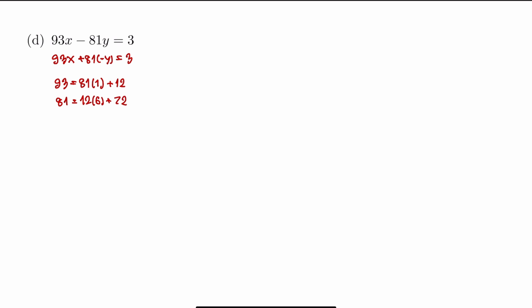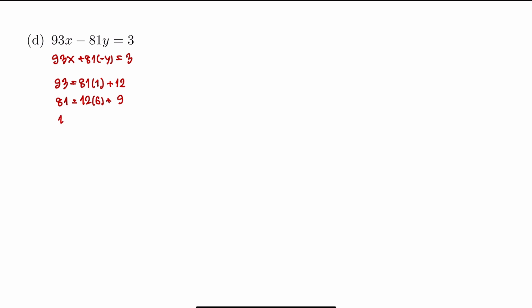Oh no, 72 should not be here, right? It should be 9, because 9 is the remainder of 81 when it is divided by 12. And 12 times 6 is 72.